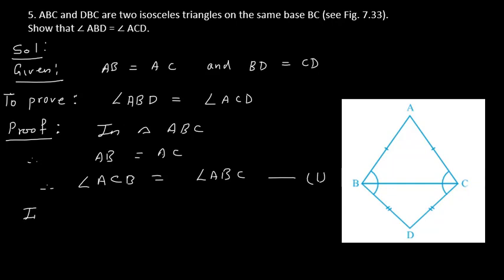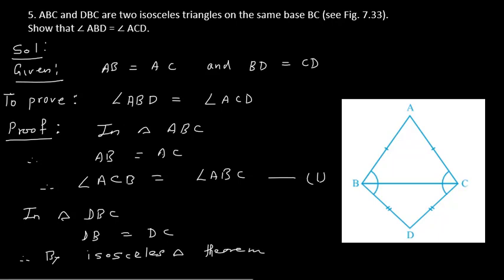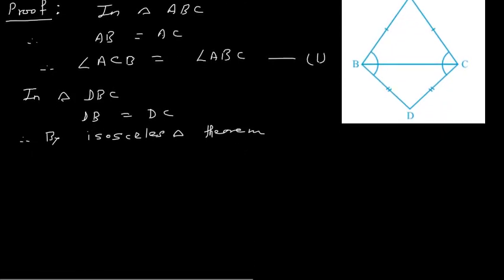Similarly in triangle DBC, your DB is equal to DC, therefore by the isosceles triangle theorem we can say that the angle opposite to DB, which is angle BCD, is equal to angle CBD.